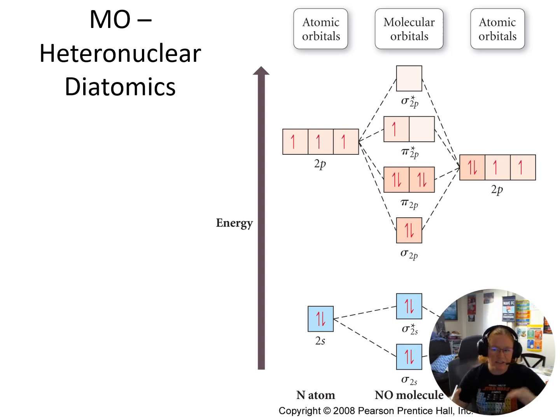Now, even though nitrogen and oxygen are right next to each other, remember nitrogen is a little bit bigger than oxygen. So we see that 2s, 2p mixing. Oxygen, we don't see the 2s, 2p mixing. And so when we try to showcase molecular orbitals of this heteronuclear diatomic, we start to get something that differs a little bit from the energy levels, okay?